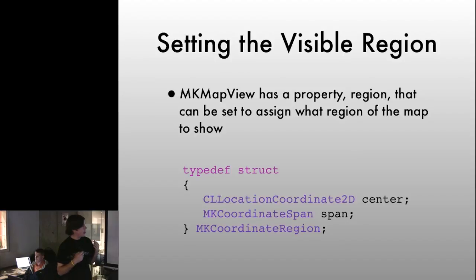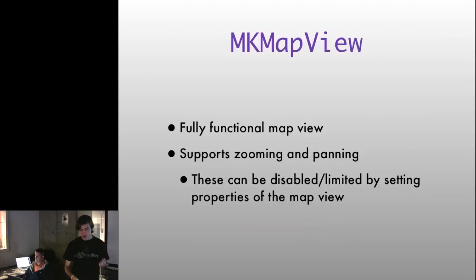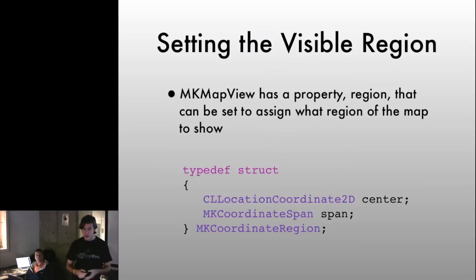So by default, if you just throw a map onto the application, it will just show you basically the entire world, which is probably not what you want. So a map has a property called region that allows you to define what part of the world you want to see.